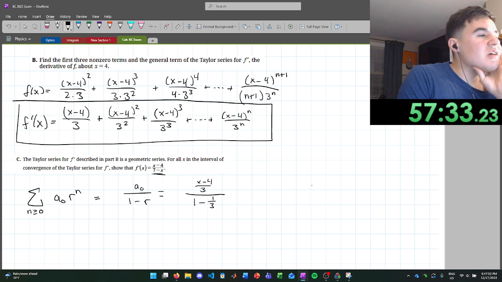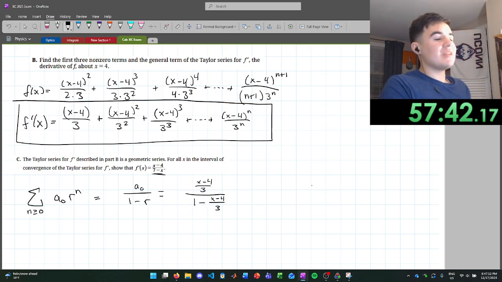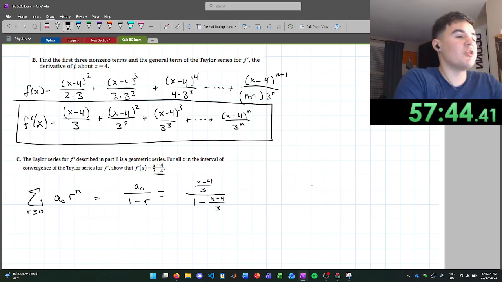Where does this minus x come from is the question, though. Oh, I see it. The rate is not actually 1 over 3, it's actually (x minus 4) over 3, because it's just multiplying by that every time.